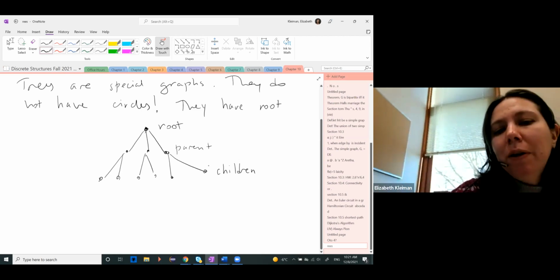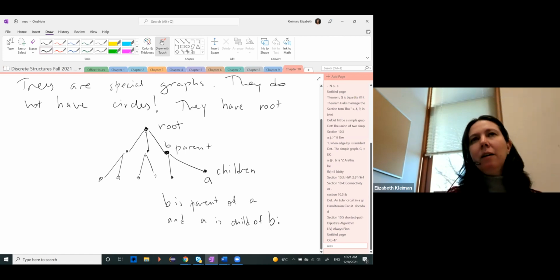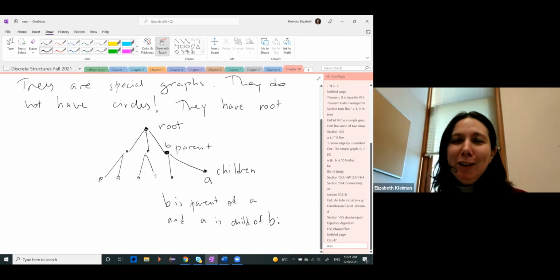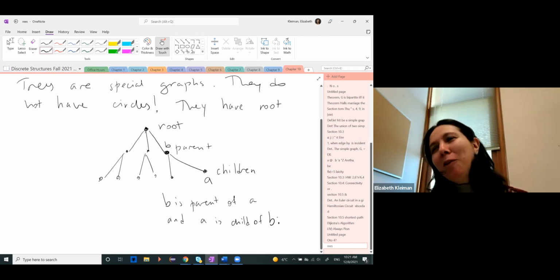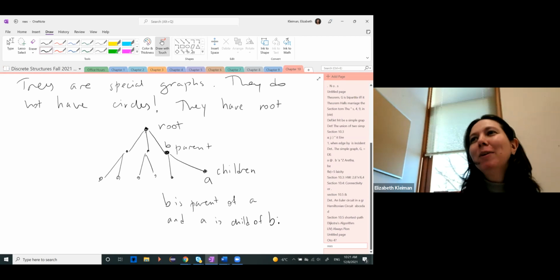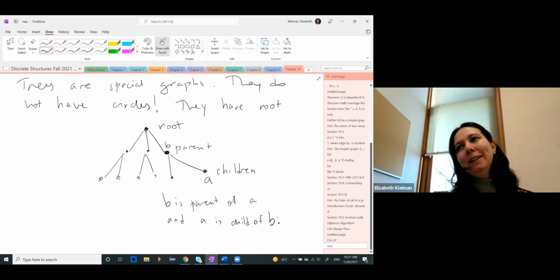So if we call them A and B, B is the parent of A and A is the child of B. You do not need to know it for the test, but you will need it in algorithm analysis, and hopefully it's going to be covered from the very beginning, but I want you to be familiar with the term tree because it's an important term and you're going to see it in computer science a lot.